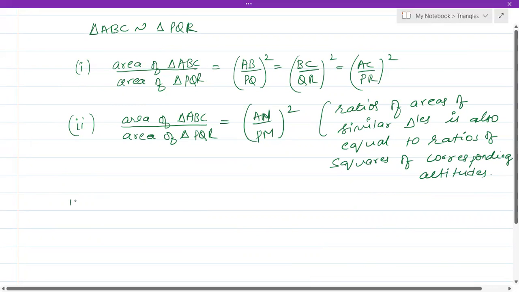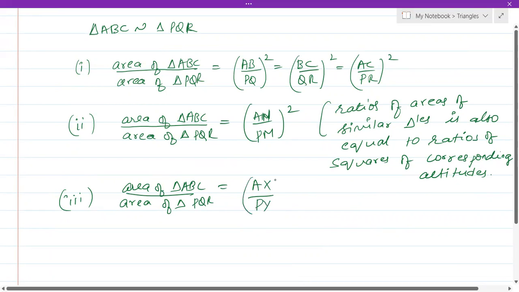We can also tell that area of triangle ABC by area of triangle PQR is also equal to, let me take some AX and PY the whole square.